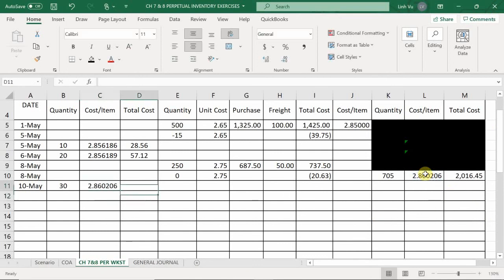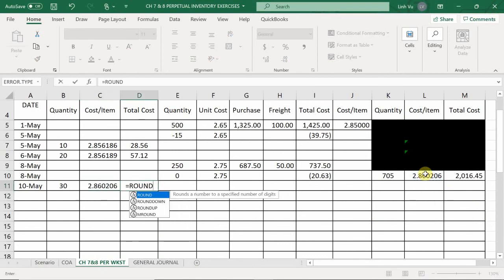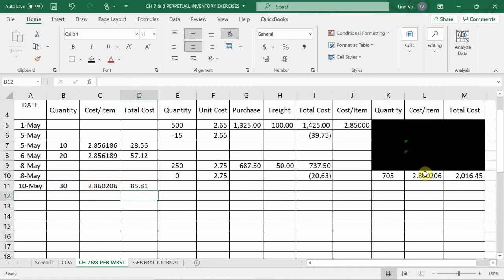So what is my total amount of cost of goods sold? $85.81. Did you say 1 or 80? 81, sorry. Good.